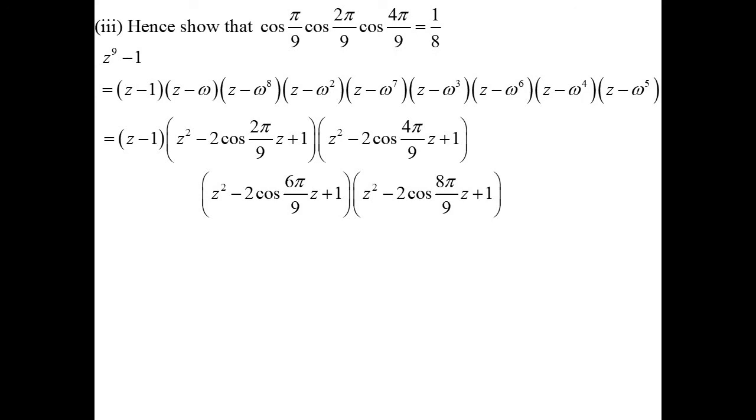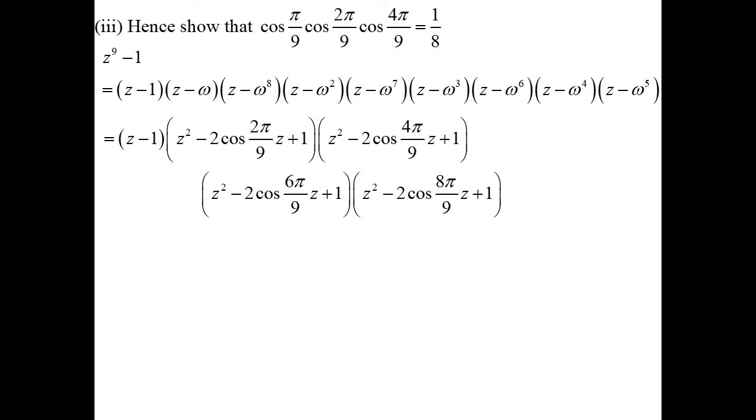Well, the product of the roots is going to be 1 because we're playing with the roots of unity. It always turns out. But also because your conjugates are going to multiply together to get the modulus squared, and the modulus of this is always 1. The second one is cos 4 pi on 9. Then we get 6 pi on 9 and 8 pi on 9.